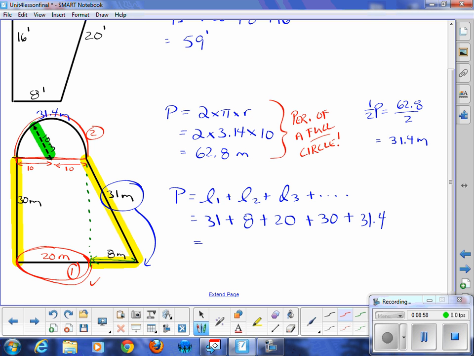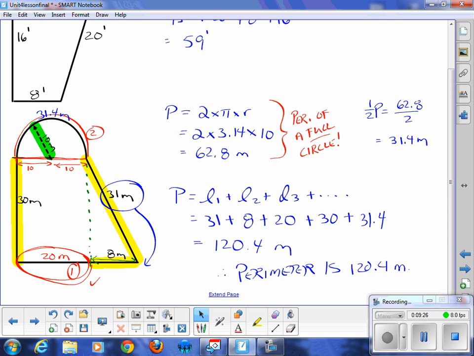Once you get those measurements, it's fairly straightforward. It's that tricky part of going through and finding your missing values. So my measurement here would be 120.4 meters. So therefore the perimeter is 120.4 meters.